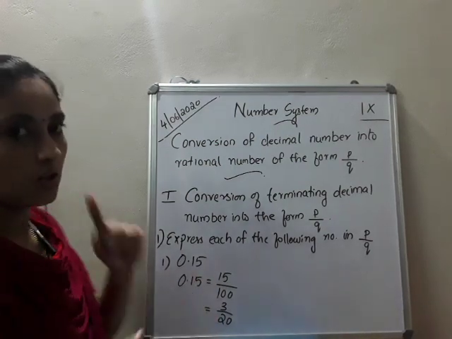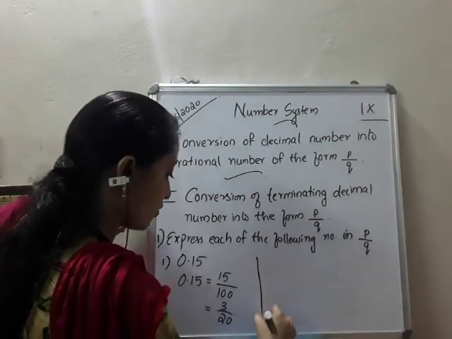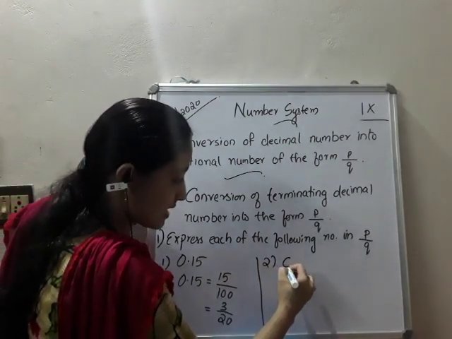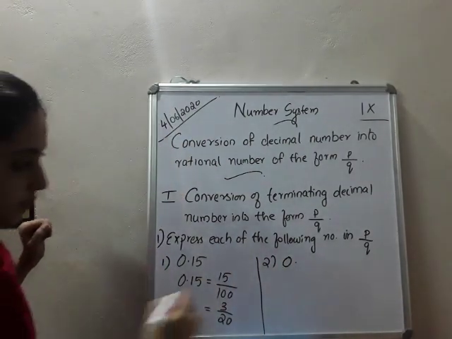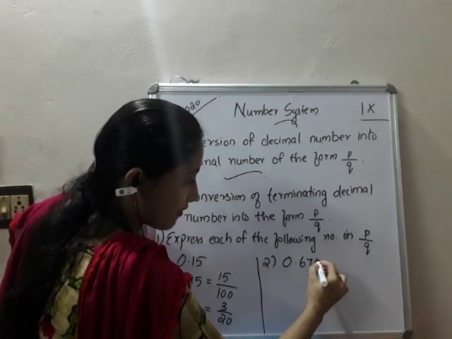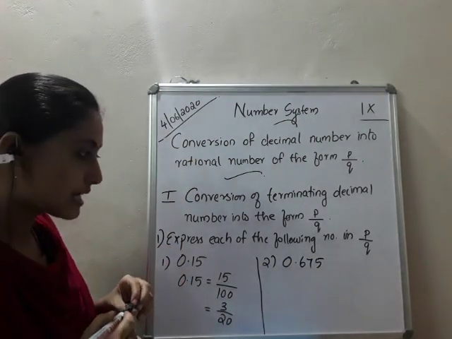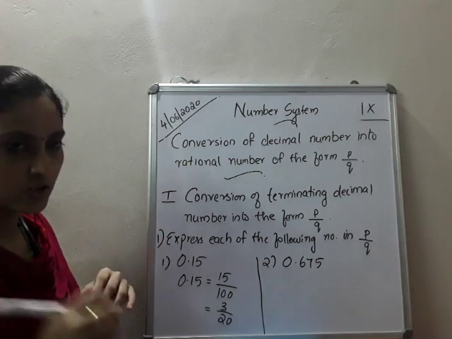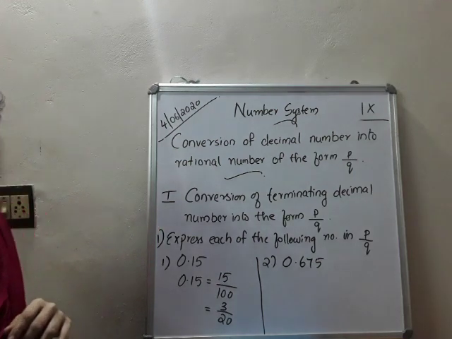Next question you have to do by yourself. The second question is 0.675. How will you write that? Just think and do. I will give you 1 minute.